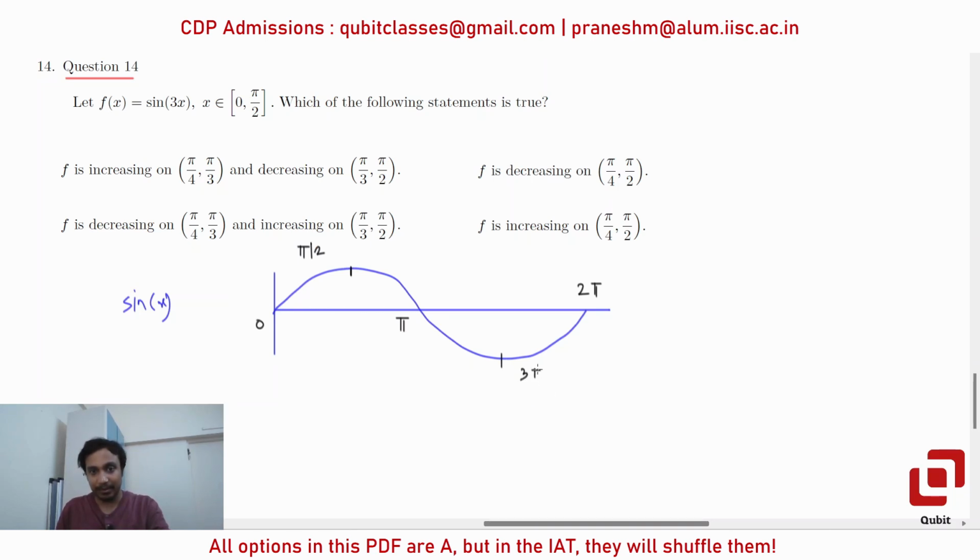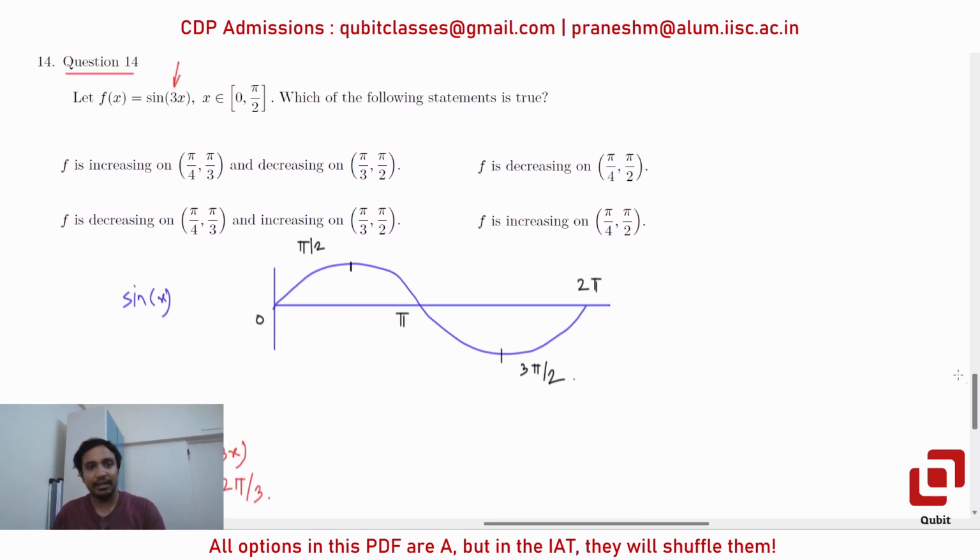Now when it comes to the graph of sine of 3x, the graph actually shrinks. Okay, so the period of sine 3x is not 2 pi into 3, but it is 2 pi by 3. Okay, we have studied this already in wave motion, but here now I am explaining it again.